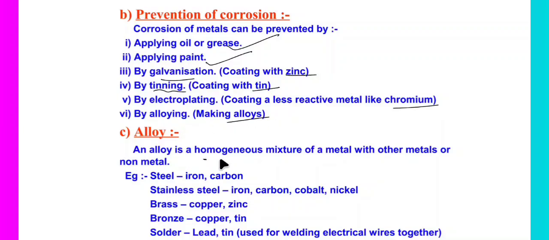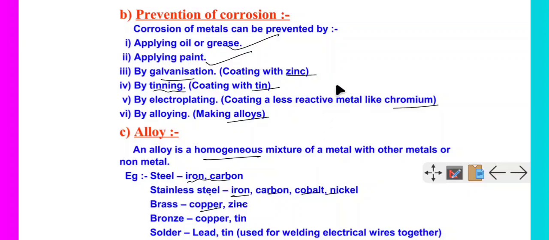What is an alloy? An alloy is a homogeneous mixture of a metal with other metals or non-metals. So steel is a mixture of iron and carbon, stainless steel is iron, chromium, cobalt and nickel, brass is copper and zinc. Solder is lead and tin, used for welding electric wires together. And if one of the metals in the alloy is mercury, it is called an amalgam.